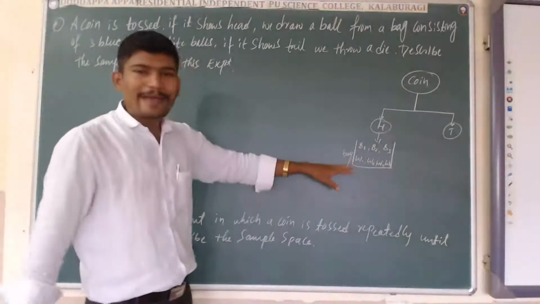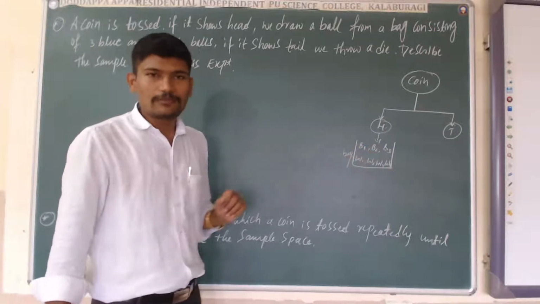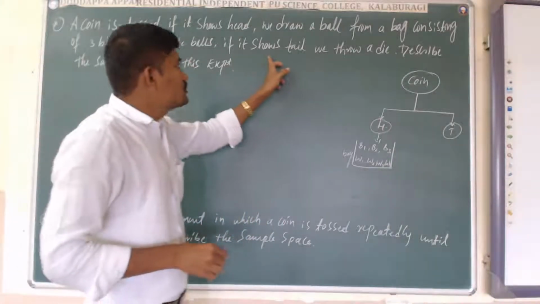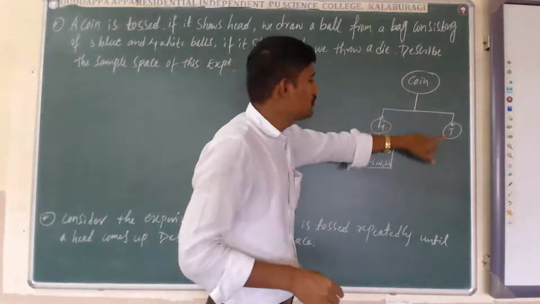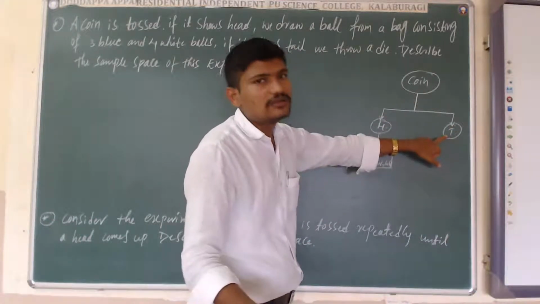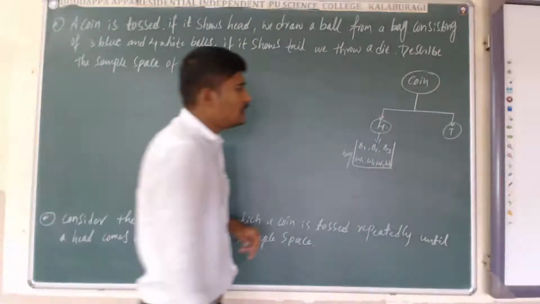So totally this bag contains 7 balls, 3 blue balls and 4 white balls. And next, if it shows a tail, then we throw a die.